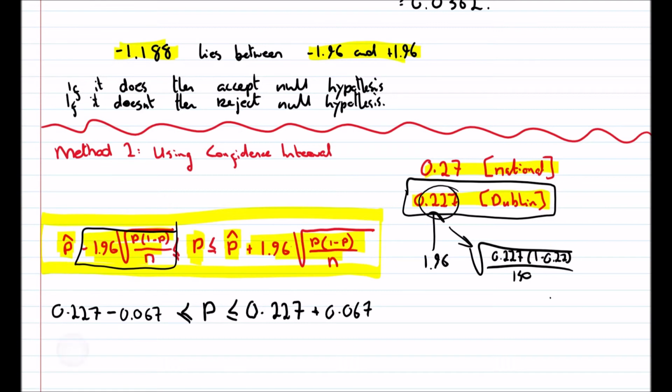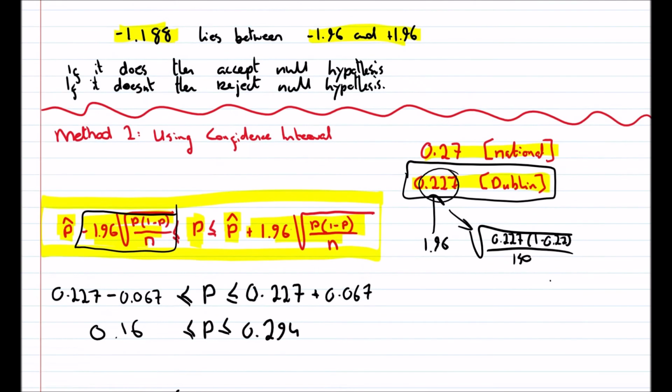And on this side then we have the real population of Dublin is between 0.294, and on the other side we have 0.227 minus 0.067, and we get 0.16.